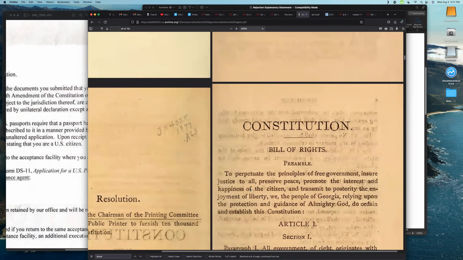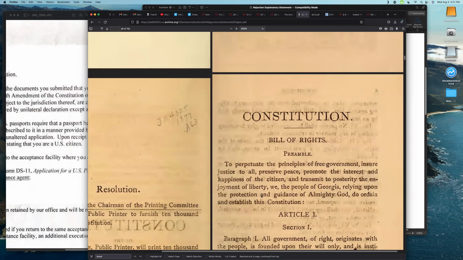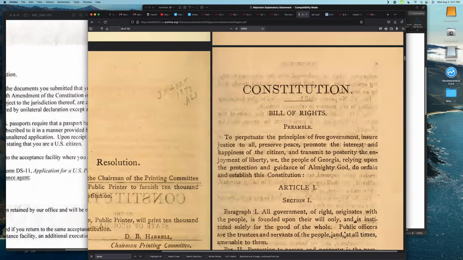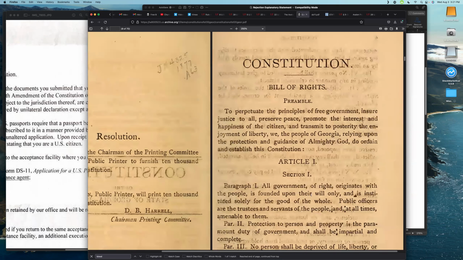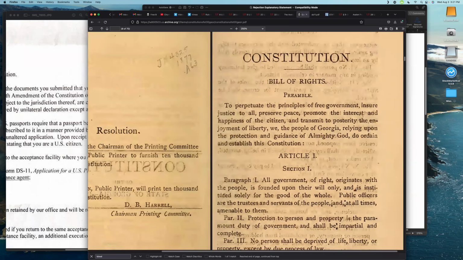In the preamble, section 1, paragraph 1: all government of right originates with the people, is founded upon their will only, and is instituted solely for the good of the whole. Public officers, judges, policemen, senators, attorney general, chief justice, secretary of state, county sheriffs are what?